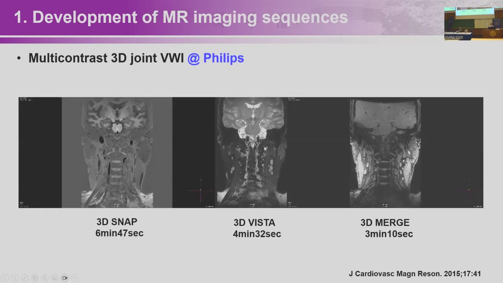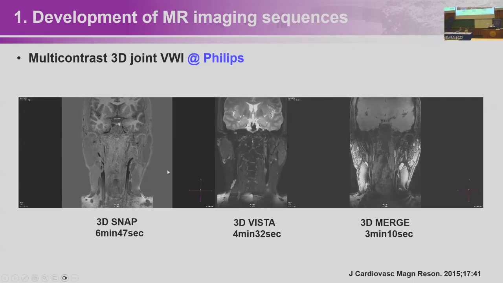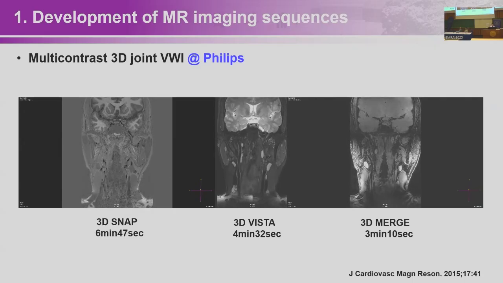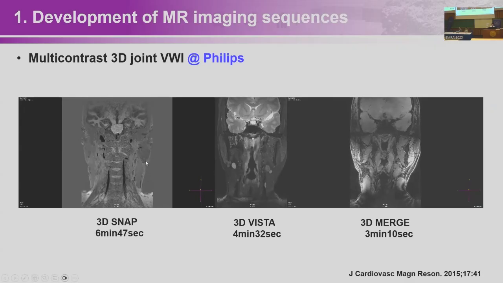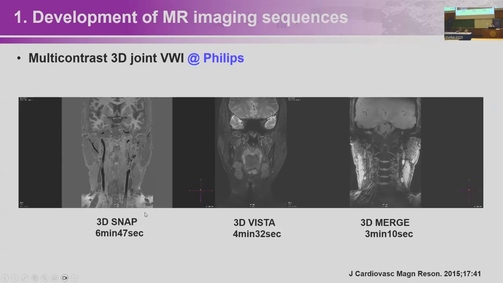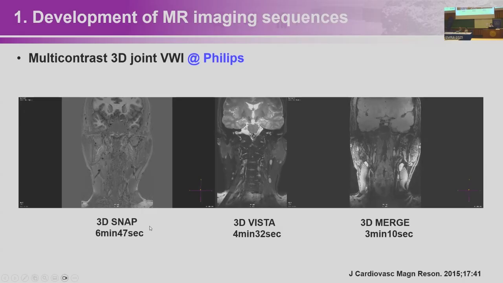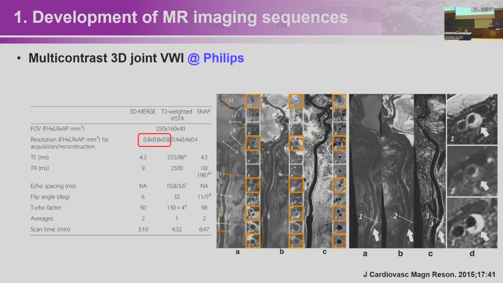After optimization of the imaging parameters, we obtained high quality vessel wall images for both intracranial and extracranial carotid arteries in one scan. For each sequence, the scan time is around 5 minutes, which is acceptable in clinical settings. However, the spatial resolution for this imaging protocol is 0.8 millimeter isotropic, which is not good enough for intracranial vasculature.